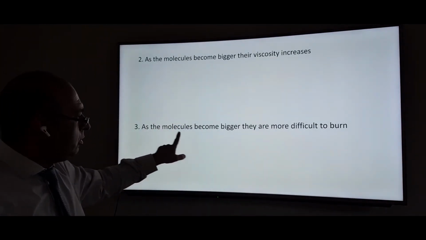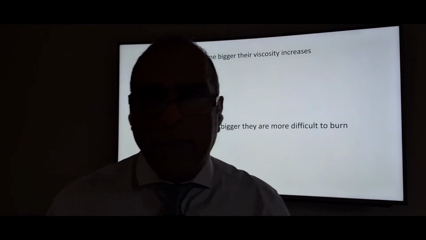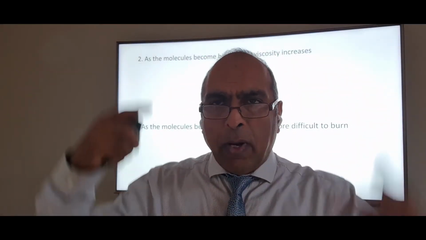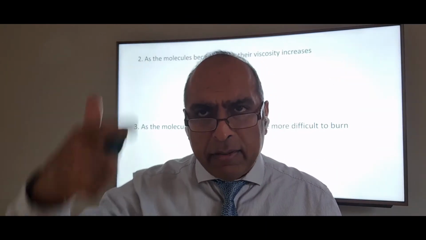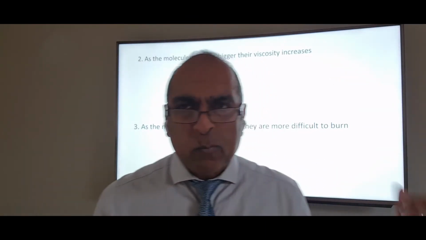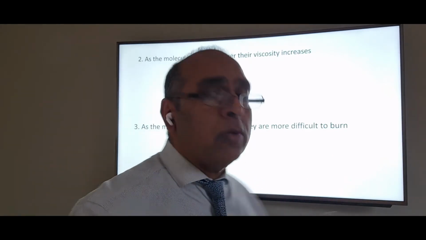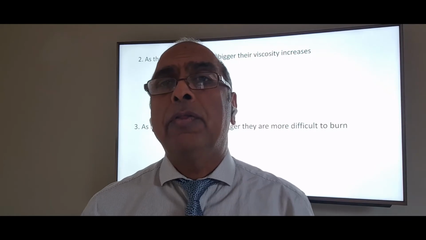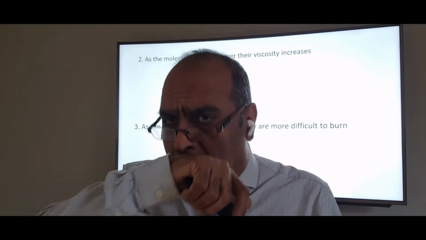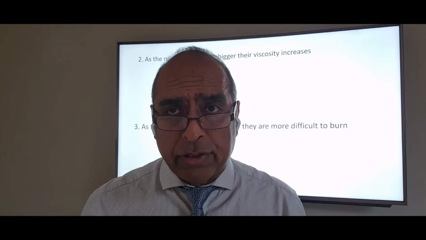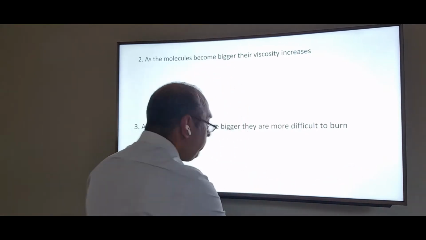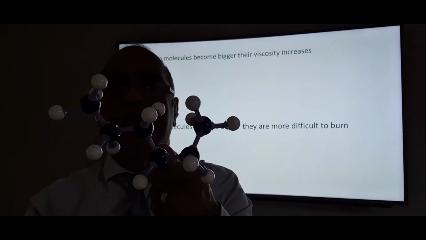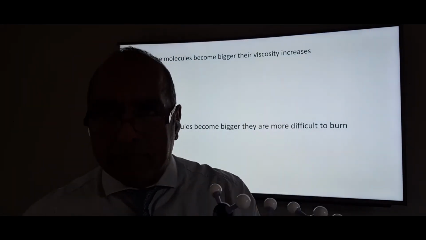3. As the molecules become bigger, they become more difficult to burn. I remember showing you a slide in my last video where there were trends as you went down the fractionating column. And this number 3 is another one of those trends. They're harder to burn. Now, we know that burning is a reaction with oxygen, so if you've got big molecules like this, it's harder for the oxygen to get to every atom.